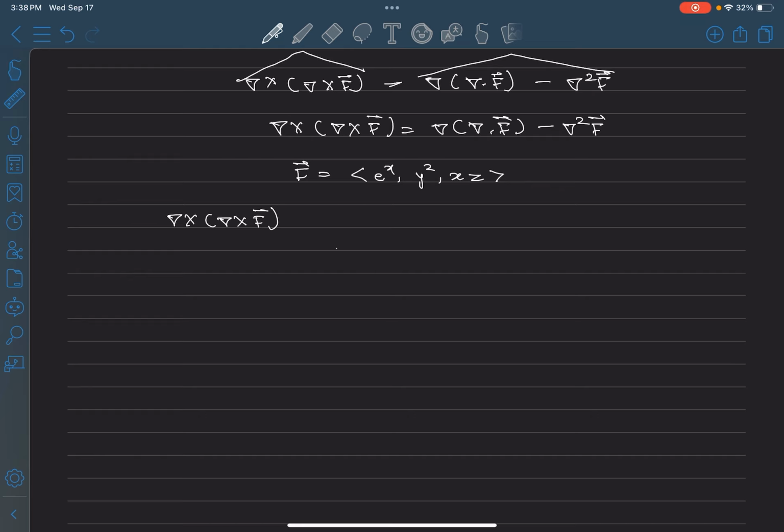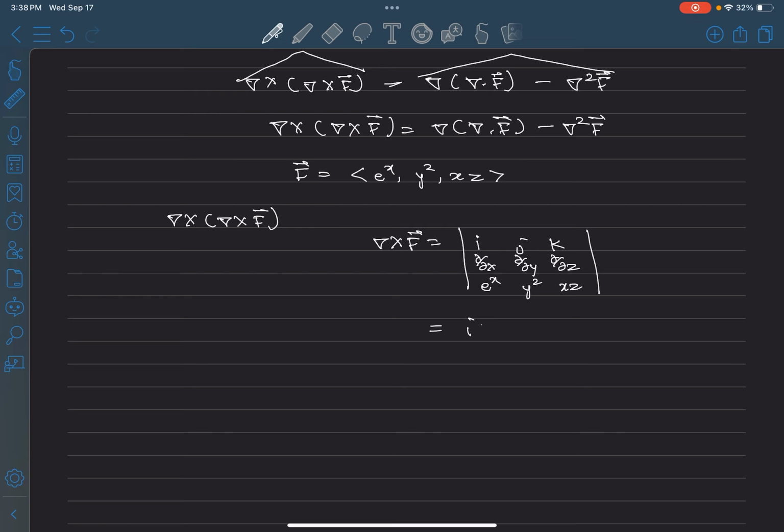To find this, first we should just find nabla cross F, which is the determinant with i, j, k, partial x, partial y, partial z, and e to the power x, y squared, xz.